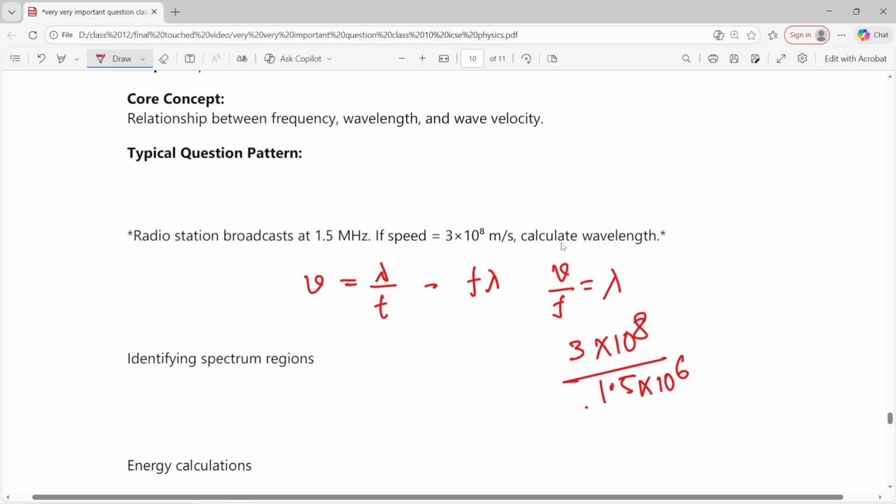Cancelling, we get only 200 meter wavelength.